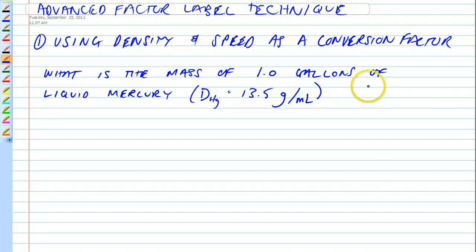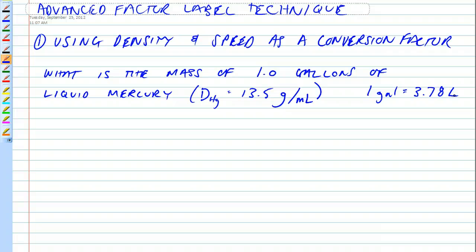Then you've got to be given something else too. There's another conversion that I would give you here, and that is from gallons to liters or to milliliters. In this case, I'm going to give you this: 1 gallon is 3.78 liters. And that's it.